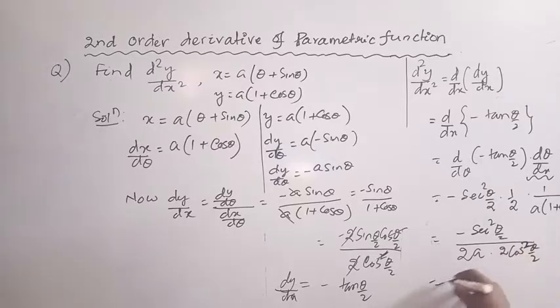So 2 to 4, and this is cos square. 1 by cos square means sec square. So sec 4 theta by 2 by 4 into a. This is the value of the second order derivative of the parametric function.